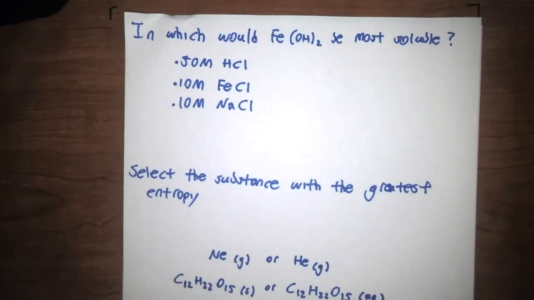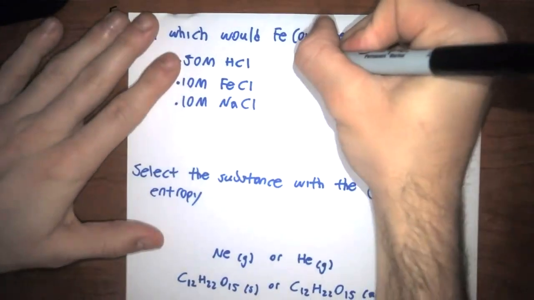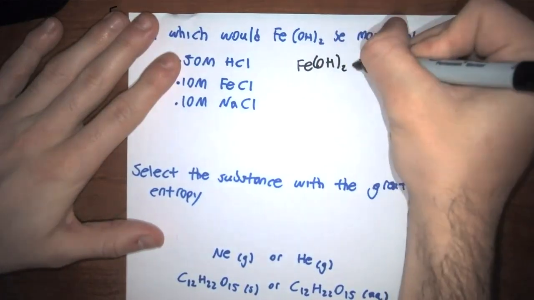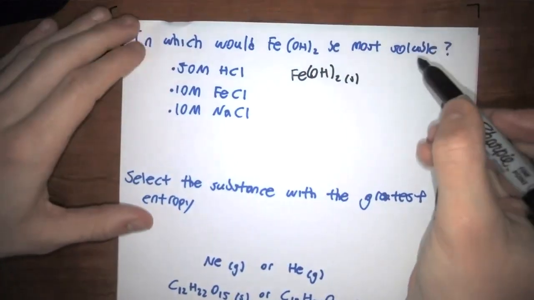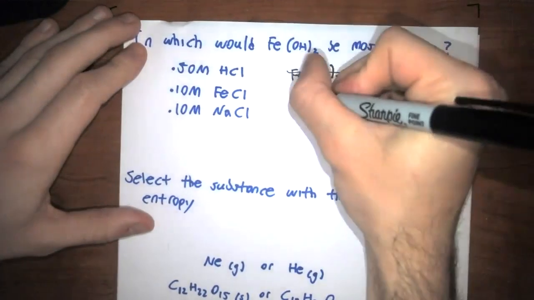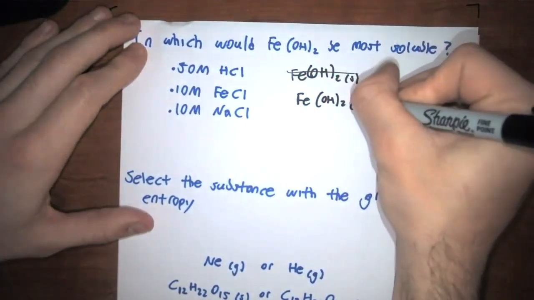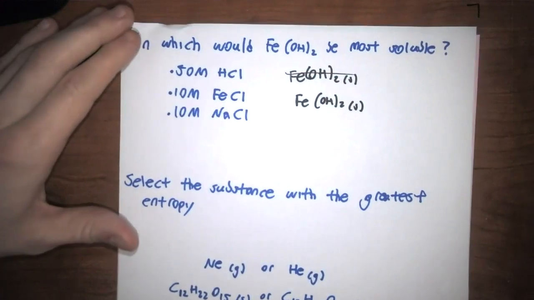We want to remove, or I guess neutralize, the OH, right? Because Fe(OH)2 is a solid.